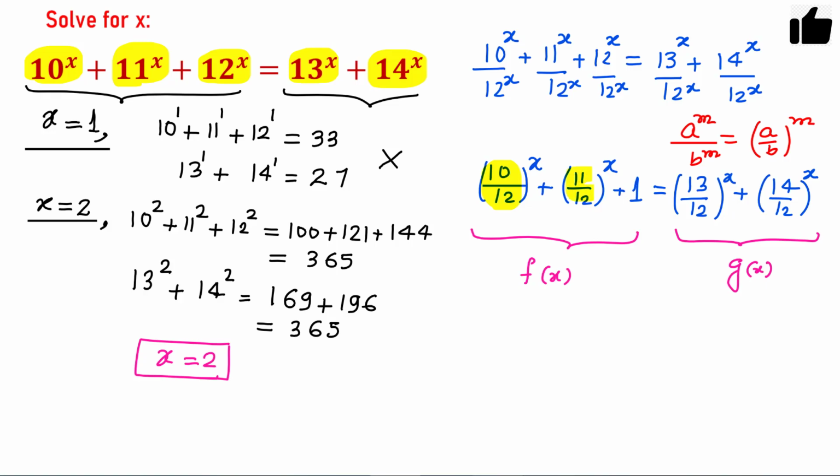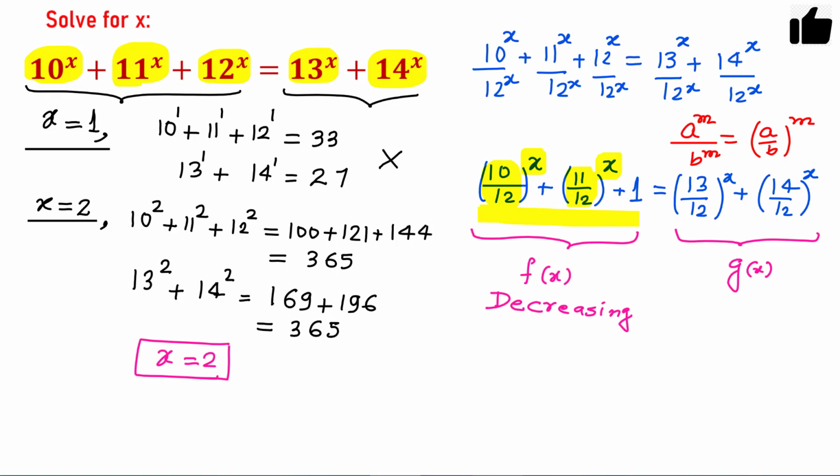Similarly 11 by 12 is less than 1, it lies between 0 and 1, so if you raise it to the power x, it will be further smaller. So as you increase x, the value of these terms decreases, and the 1 you are simply adding to that. So this side you have a monotonically decreasing function.